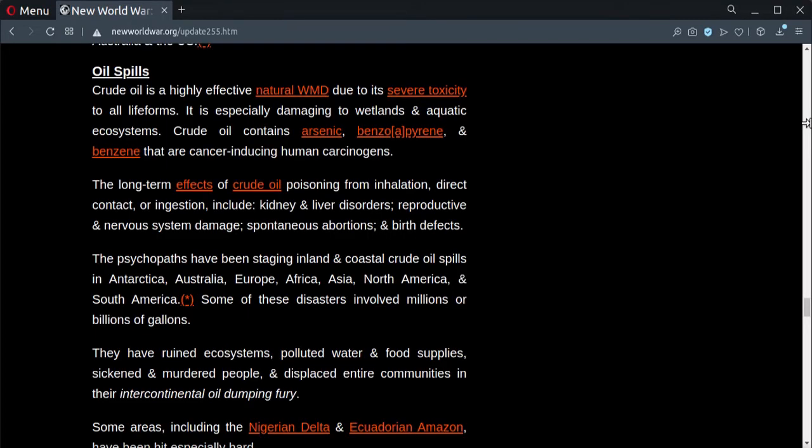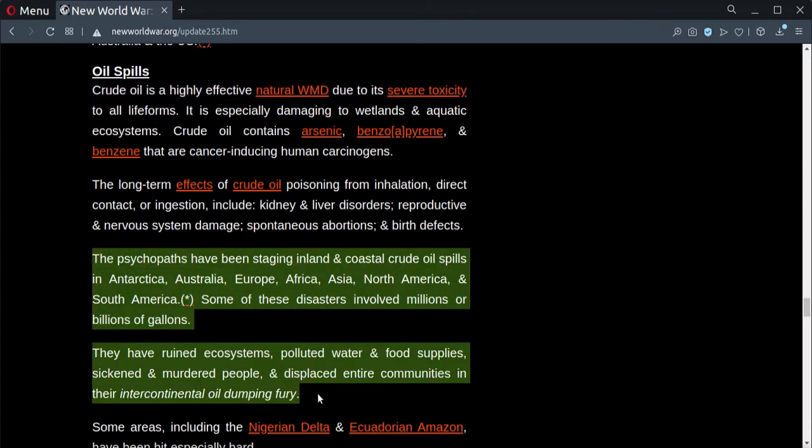Here's my summary of crude oil used as a clandestine weapon of mass destruction, taken from my June 2019 report. Crude oil is a highly effective natural WMD due to its severe toxicity to all life forms.